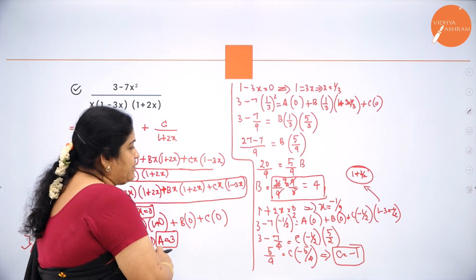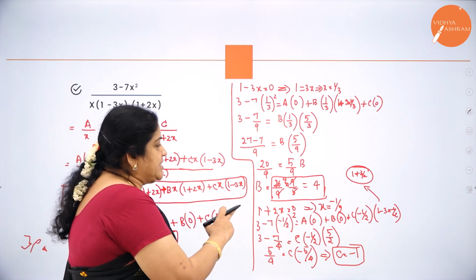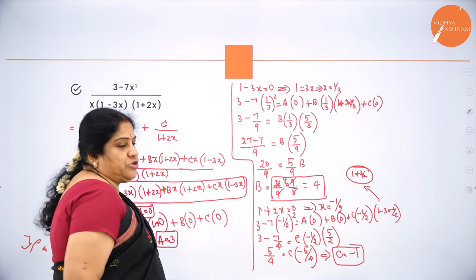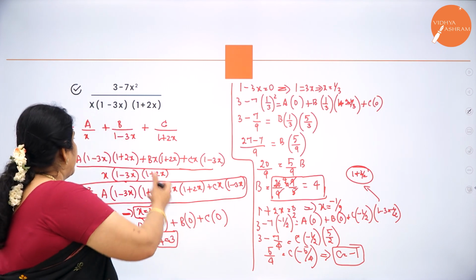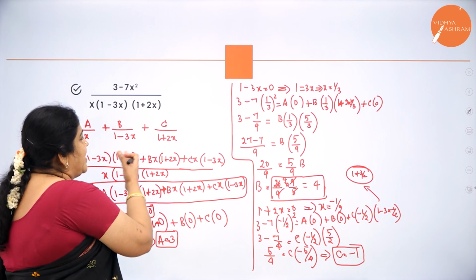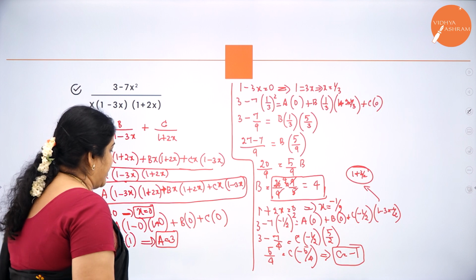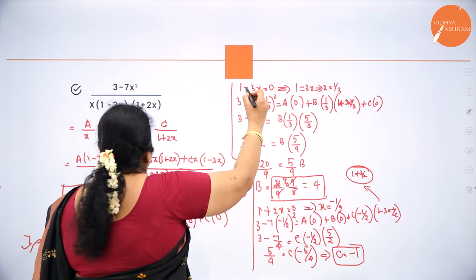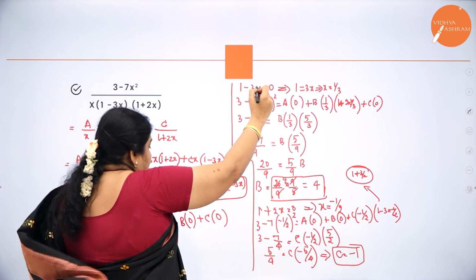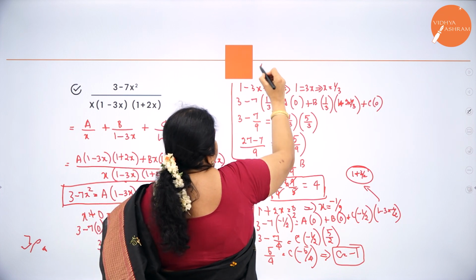So we have got A is equal to 3. We have got B is equal to 4 and C is equal to minus 1. What is the last step? You need to substitute the values of A, B and C in this. So your answer would be, I'll write it here children. Your answer would be what?